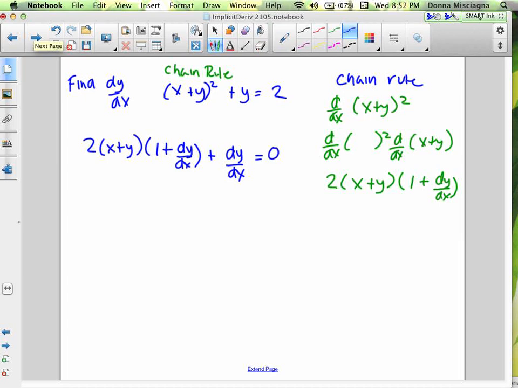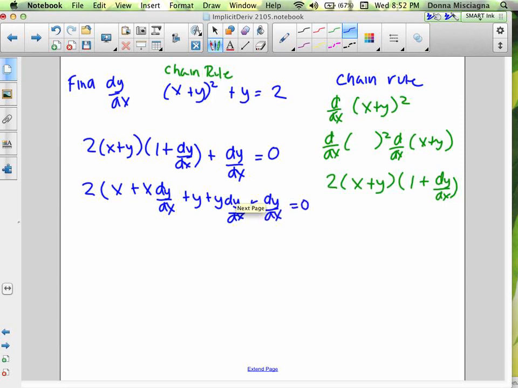We have to simplify that. So we're going to FOIL, right? So don't worry about the 2. X times 1 is x, so the first would be x times 1. The outer terms, x times dy dx is plus x dy dx. Then the inner terms would be plus y, and then the last 2 terms, plus y dy dx, plus dy dx equals 0.